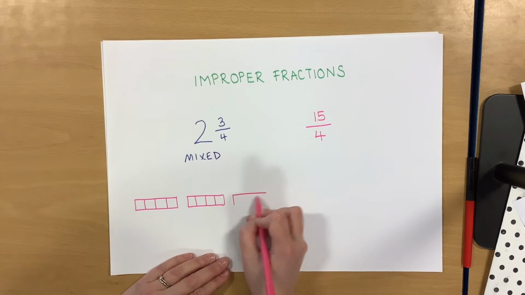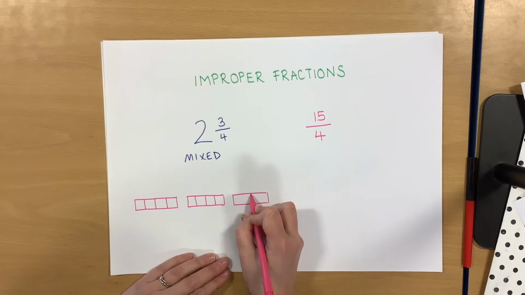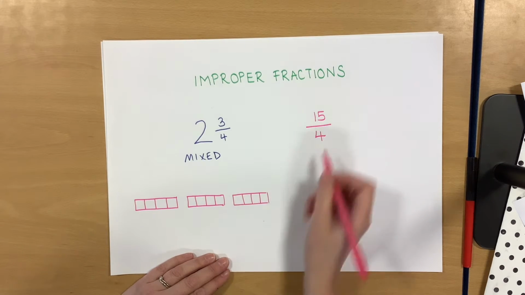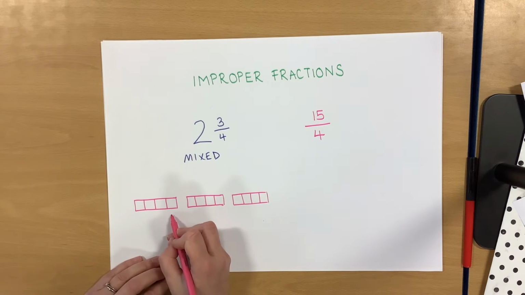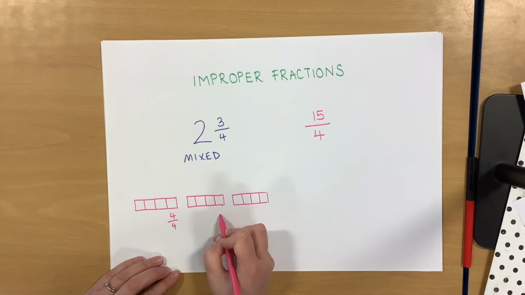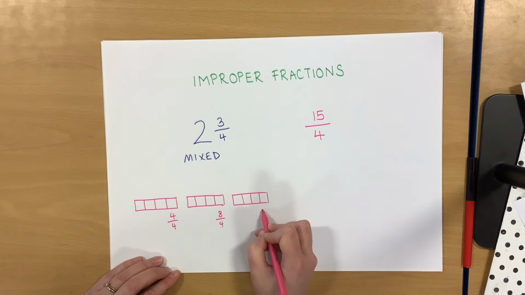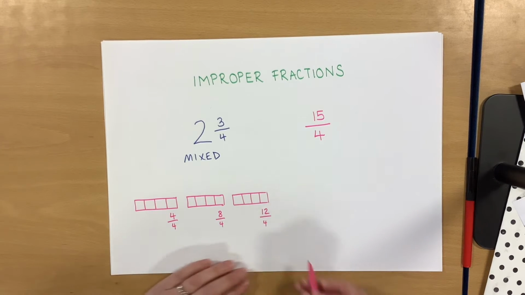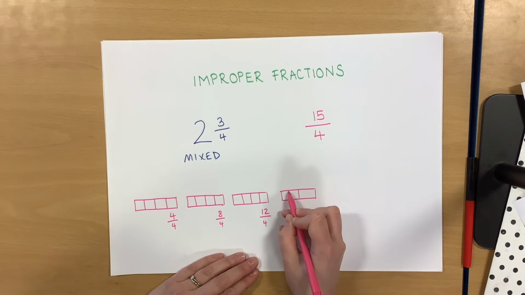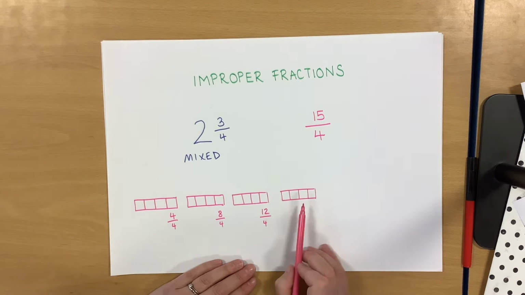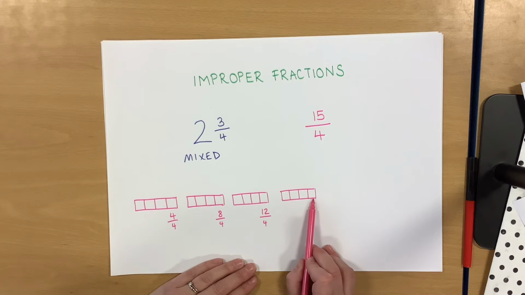And I'm going to keep going to another whole one, so I still haven't got to 15. Now I've got 9, 10, 11, 12 quarters. So I've got 4 quarters, then 8 quarters, then 12 quarters. And so I need to keep going. So here's my whole, split into 4 equal parts still. This time, if I take all of these parts, I'm going to have 16 quarters.